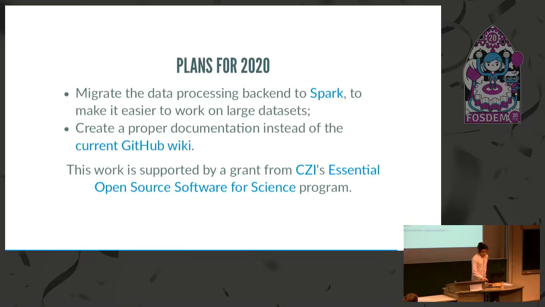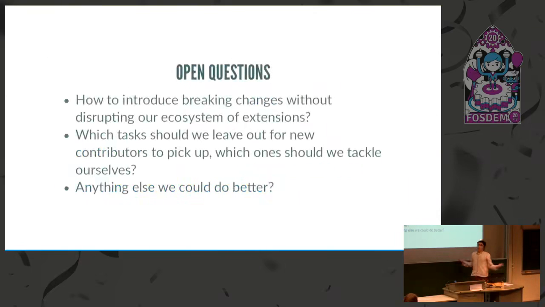And I have quite a lot of open questions about how we can better take care of this really nice heritage we have of this interesting project. Because we're trying to do all these changes to revamp the architecture, we have to break quite a lot of integrations with extensions, because OpenRefine has an extension mechanism, so you can add new features on your own.